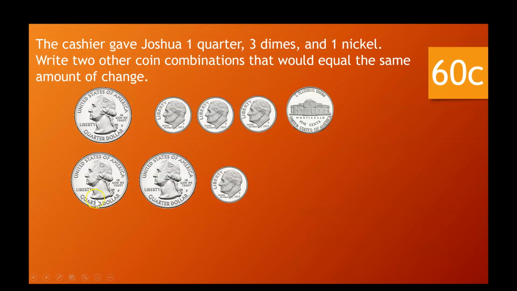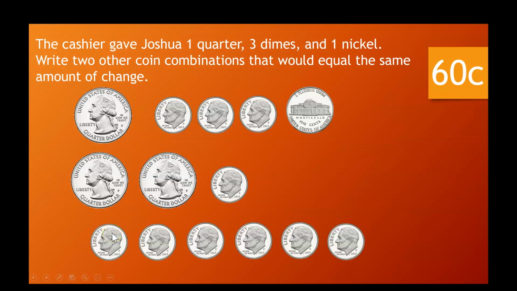I did 2 quarters, which are 25 cents each, 25, 50 cents here, plus 10 more is 60. My other combination is I did 6 dimes. So 10, 20, 30, 40, 50, 60. If you came up with another combination, write it in the chat.